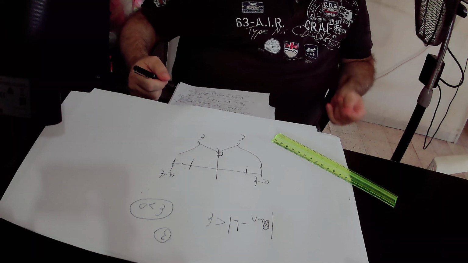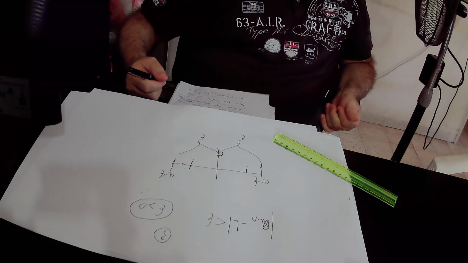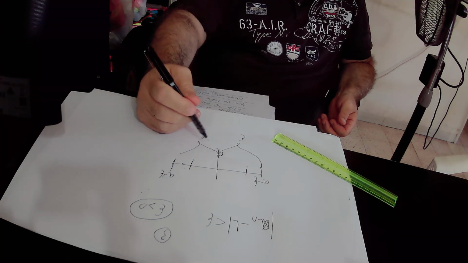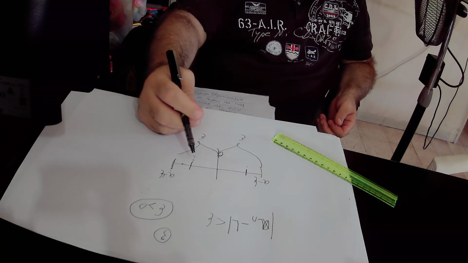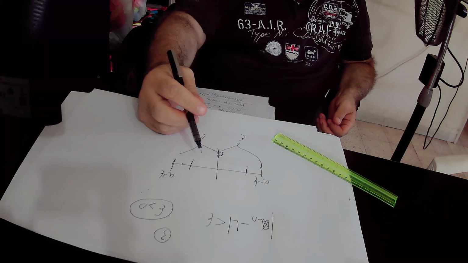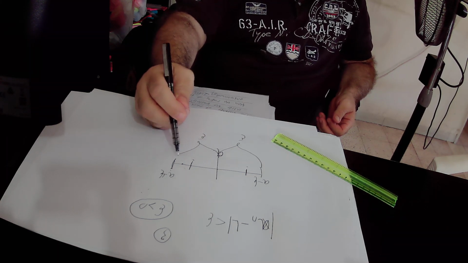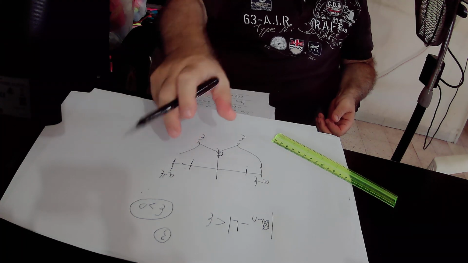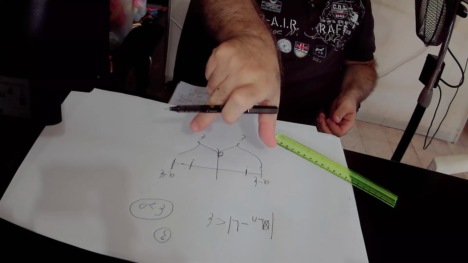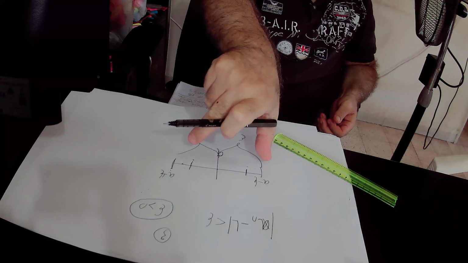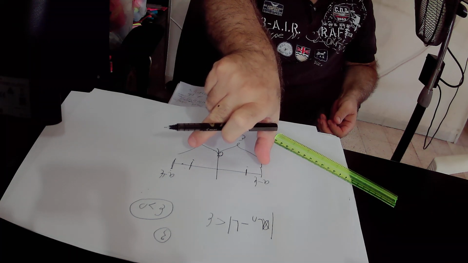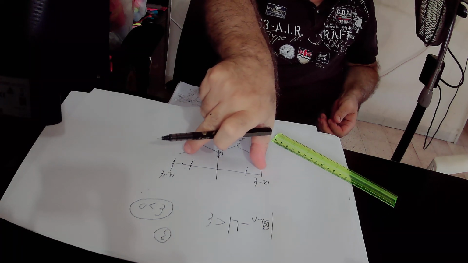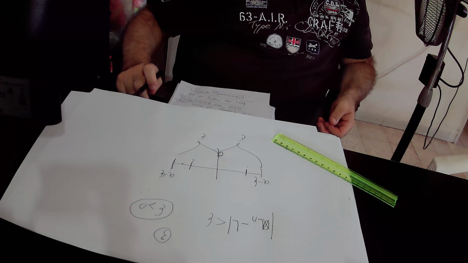I repeat again that if the limit of a sequence is A, then most of the members of the sequence must be located inside the environment of A, and the environment of A is all the numbers that are inside those two brackets. Okay?